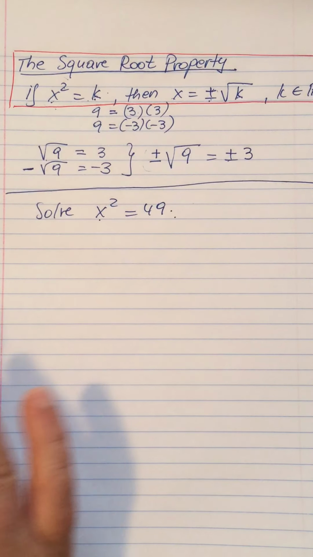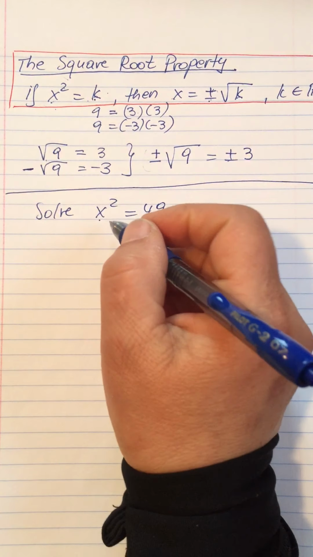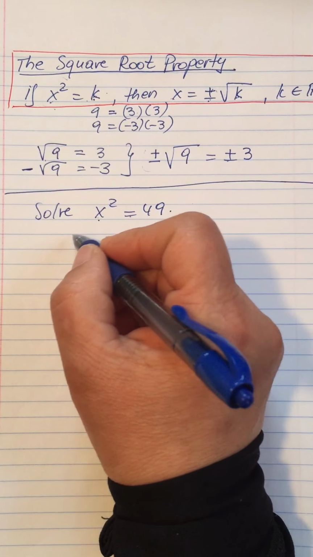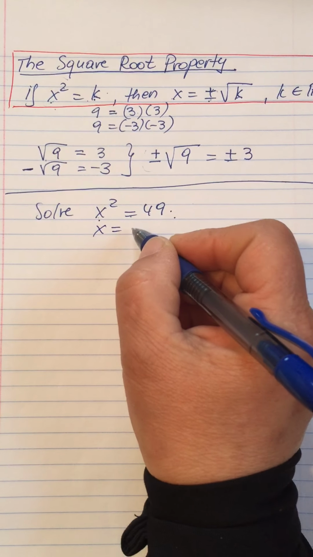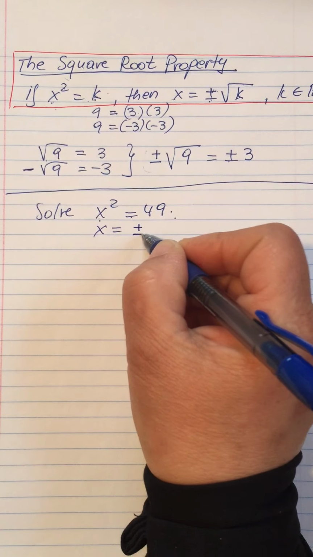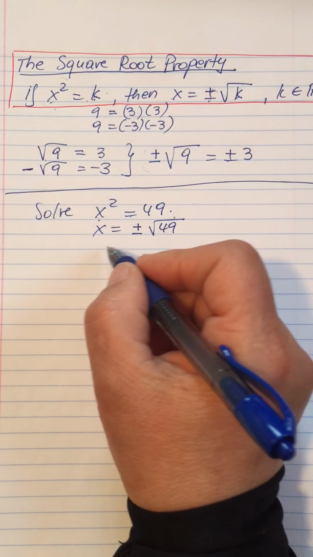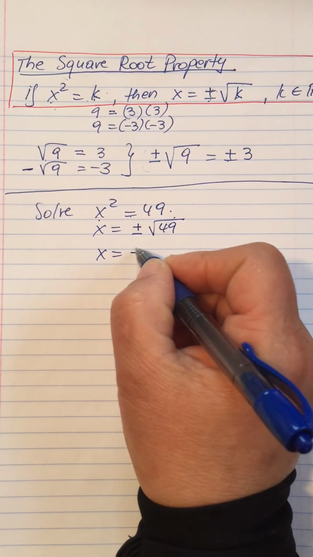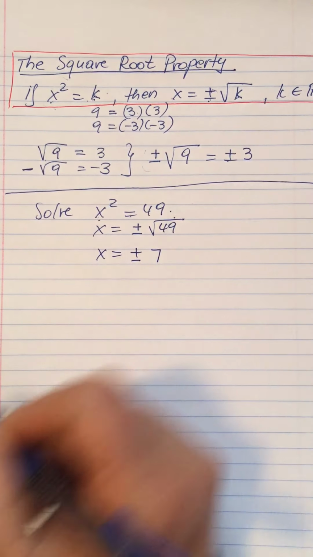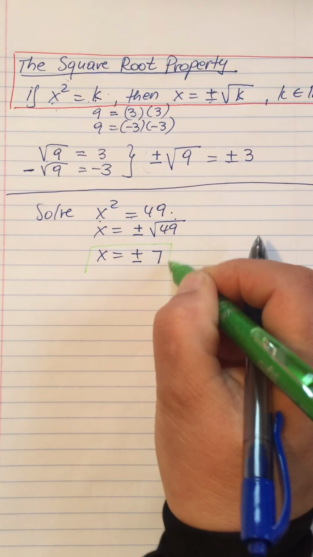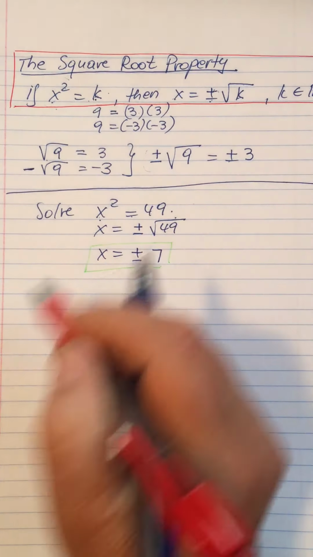So for this problem, no factoring. And now what I know from this property, if x squared is 49, then x is equal to positive and negative the square roots of 49, both roots of 49. And so x is equal to positive and negative 7. So here we have both solutions.